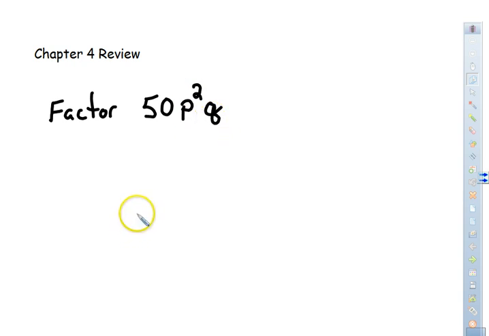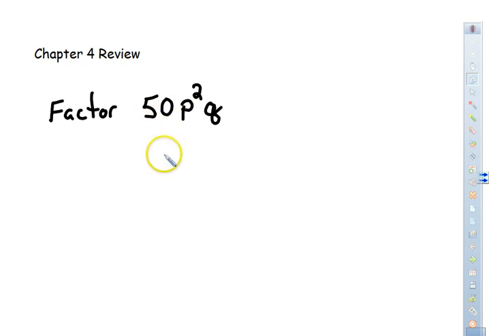Okay, so to get the most out of this today, you're going to want to hit pause at every problem, solve it, and then you can compare your answers to the answer that I get, and hopefully my explanations will help clarify things as well if you didn't understand something. So go ahead and hit pause and factor this problem.